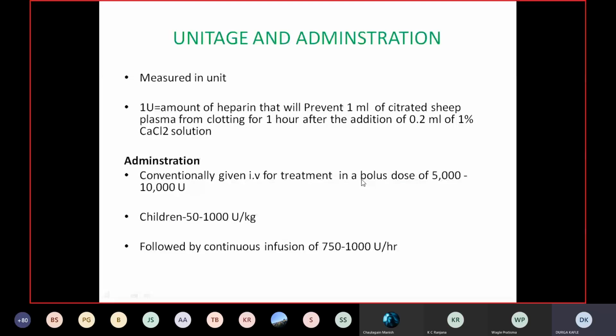Initially a bolus dose of 5,000 to 10,000 units. In children you can decrease the dose, or you can calculate by the unit per kg dose, how many units are required for a certain weight of the child, followed by a continuous infusion of 750 to 1000 units per hour. Initially you have to give the bolus dose, and after that you have to give the slow continuous infusion, decreasing the dose.